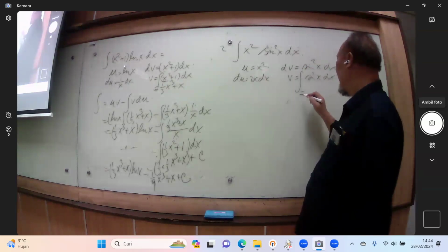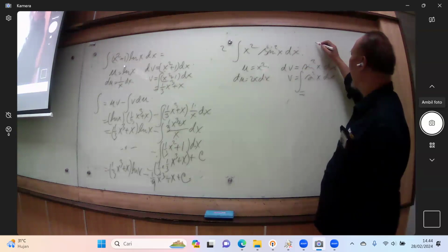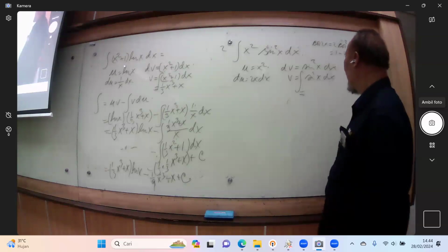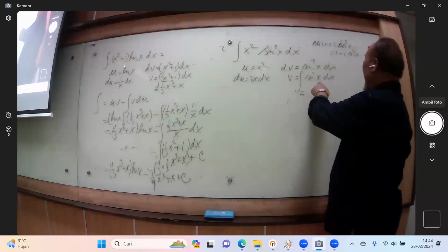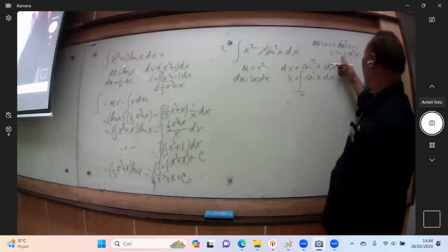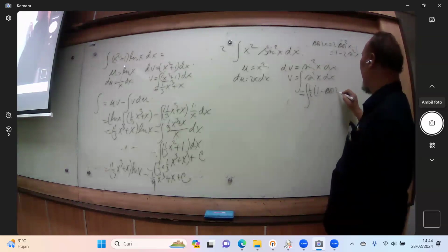Remember, cosine 2x equals 1 minus 2 sine squared x, so sine squared x dx becomes half times 1 minus cosine 2x dx.